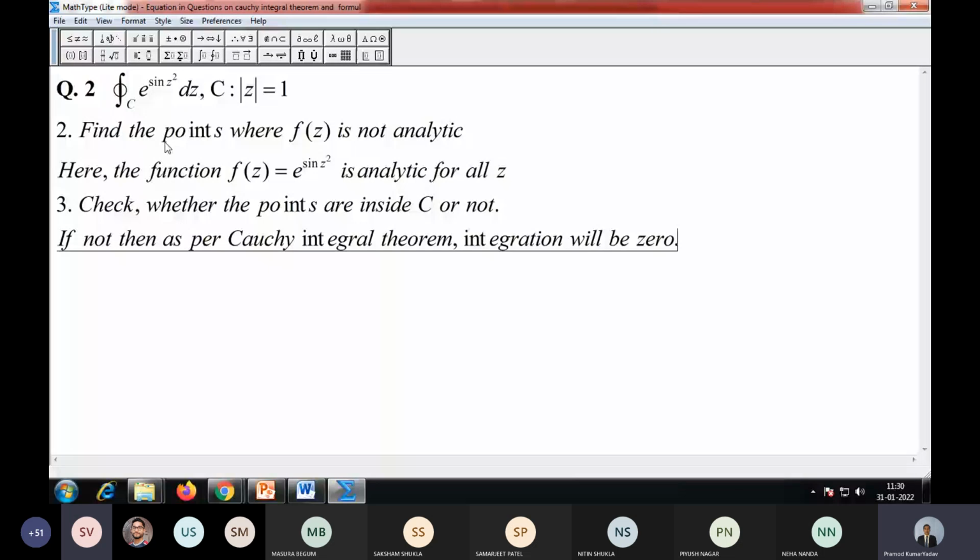These are the complete steps to find the value of the integration.